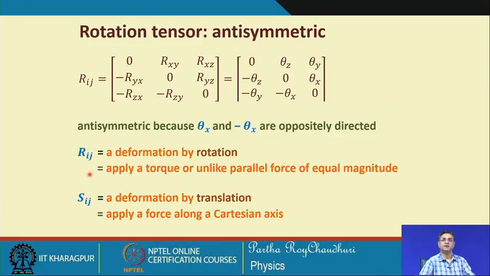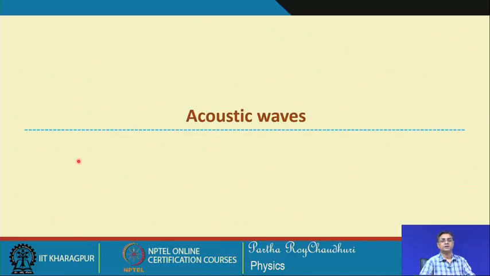But in the case of deformation, both things come into play, and any deformation is a sum of these two things, the strain and the rotation, which could be represented as the sum of the two tensors, the strain tensor and the rotation tensor.